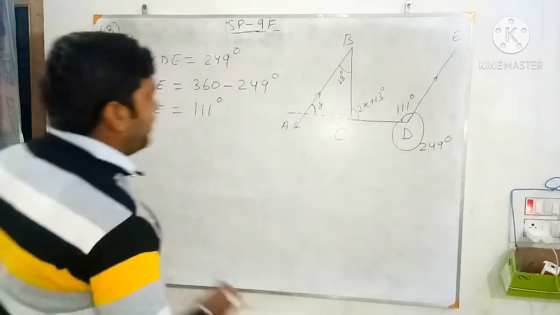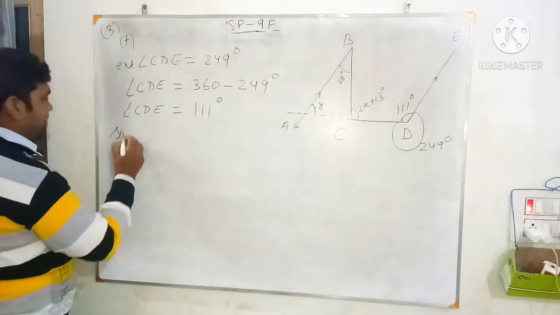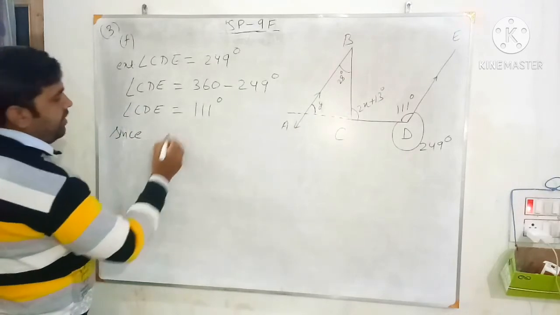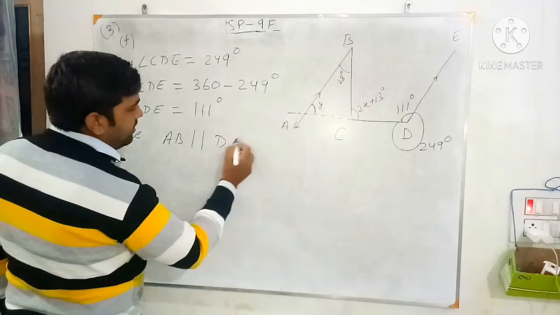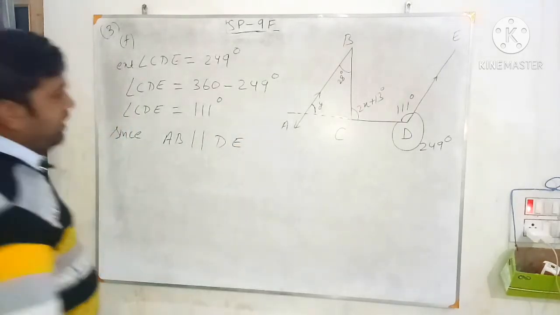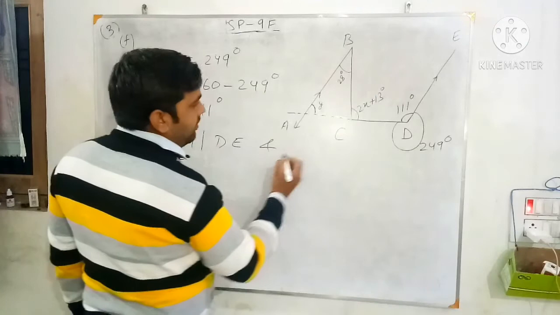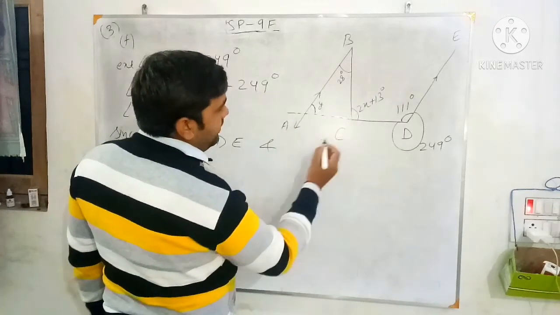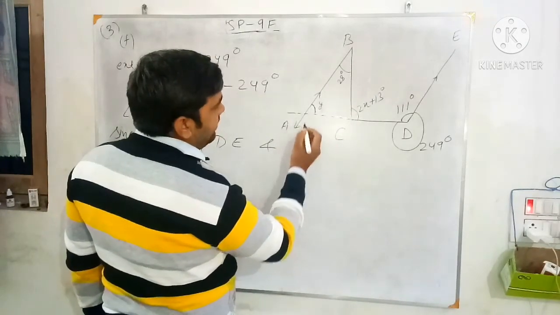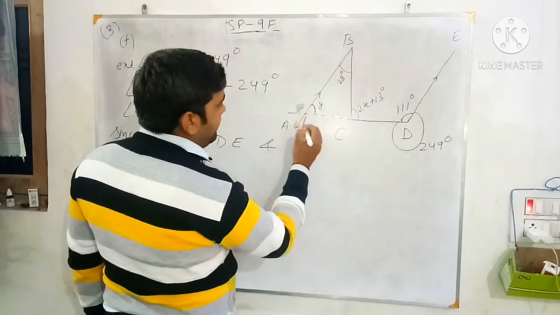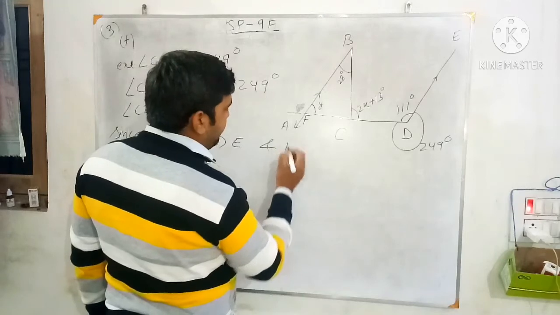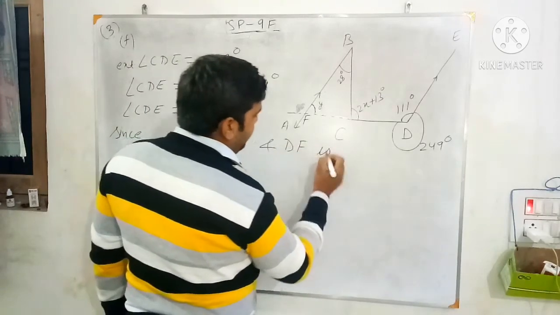Now you write, since AB is parallel to DE, and that also you can give the name F. To this you can give the name F, and DF is transversal.